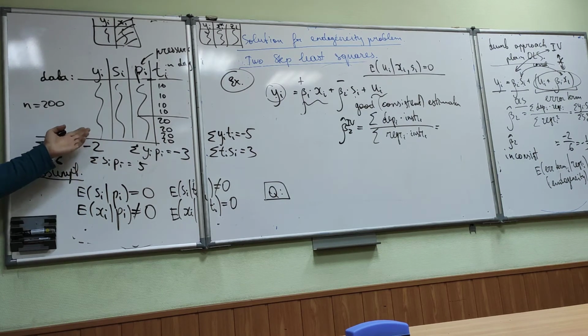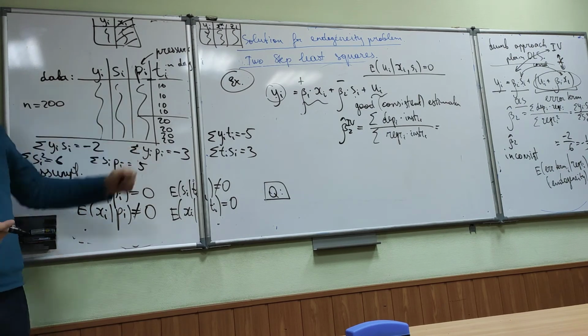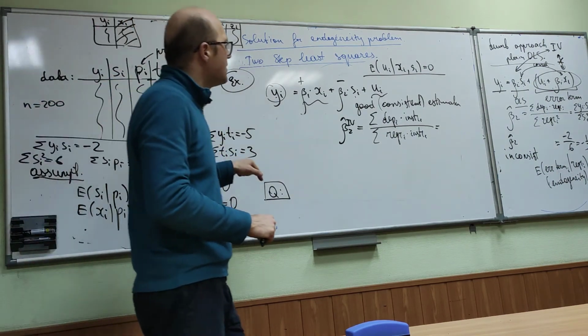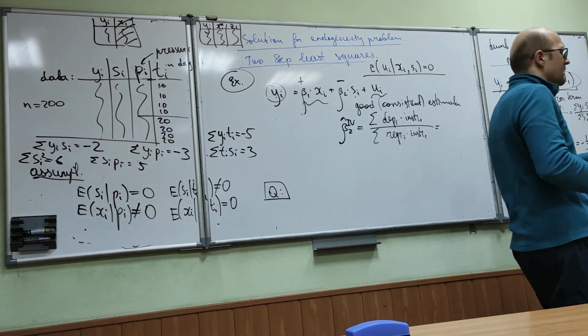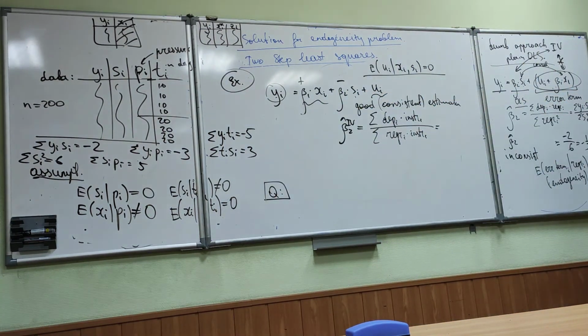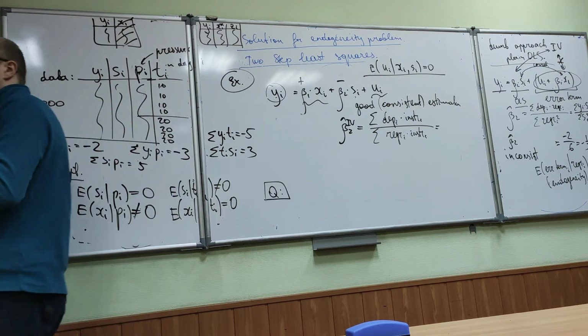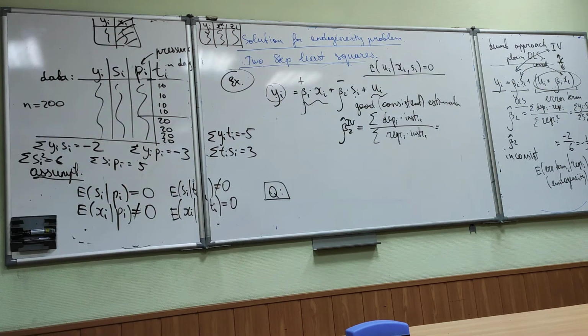In our case, y. What is the instrument, P or T? It should be T, because we need a variable that is correlated with the number of umbrellas, but not correlated with the amount of rain. The tax seems to be not correlated with the amount of rain, but correlated with the number of umbrellas.